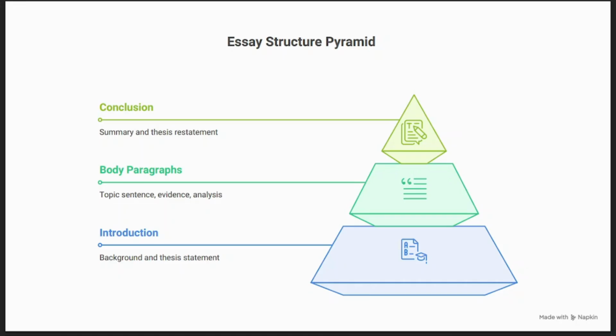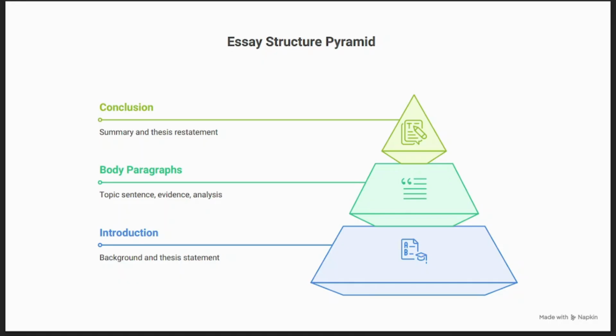The next part is the body paragraph. The body paragraph is essentially whereby you're going to take the main topics and the subtopics which you had already mapped out, and you're going to start writing the paragraphs there.